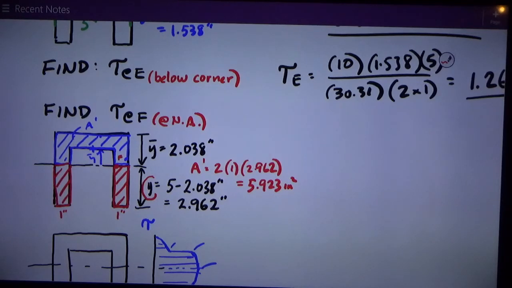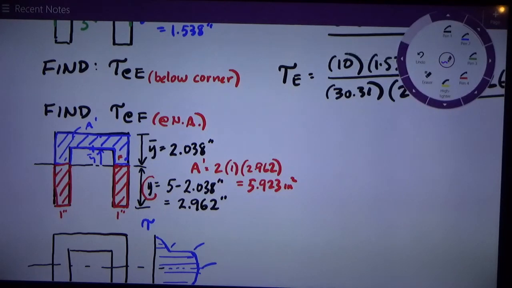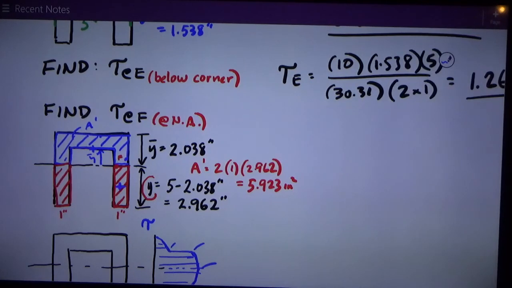Last thing I need is y bar prime. Y bar prime is the distance from the centroid of that area, which is right here, both those rectangles. So it's an easy calculation. It's just half the height of the rectangle. So this is the y bar prime I'm going to use here. And y bar prime is just going to be half of 2.962.